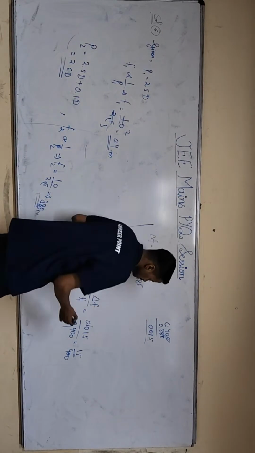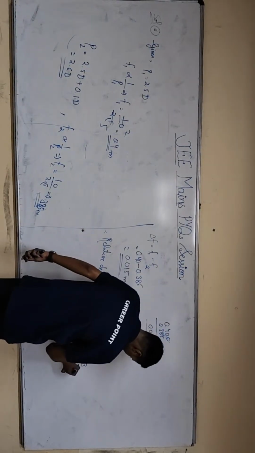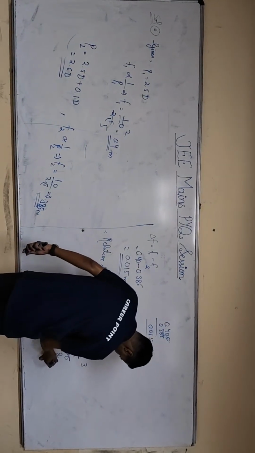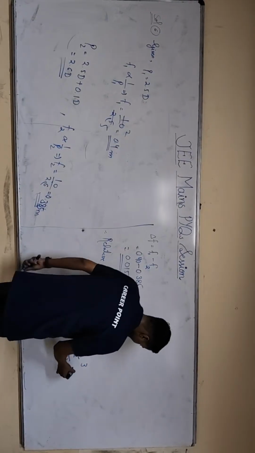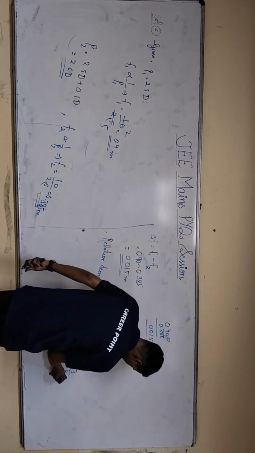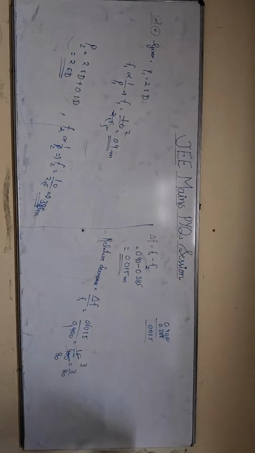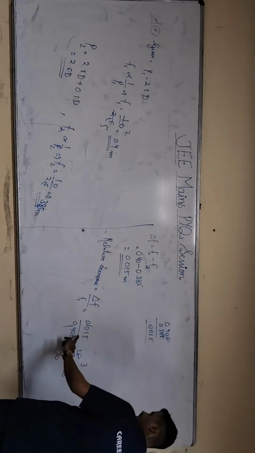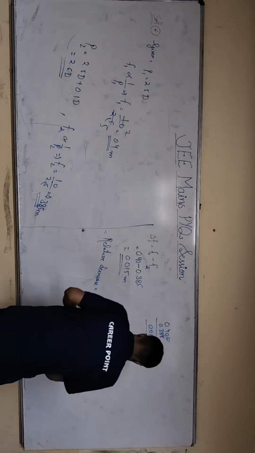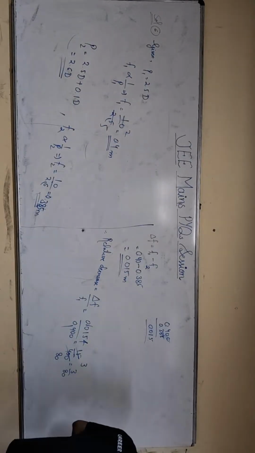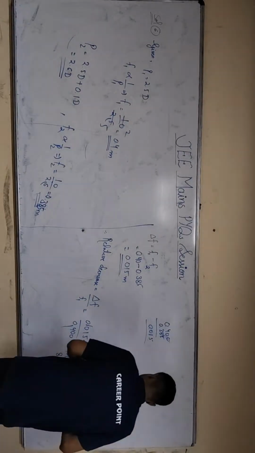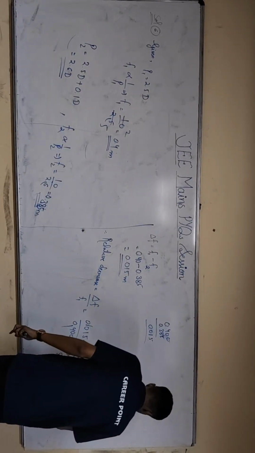I hope this is clear to you. So that is 3 by 80, which is around 0.0385.